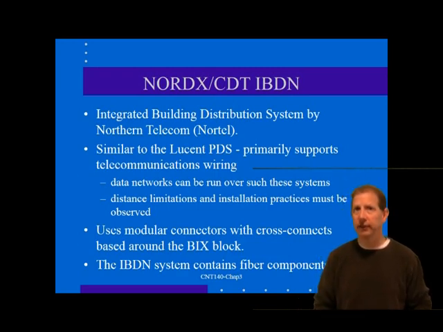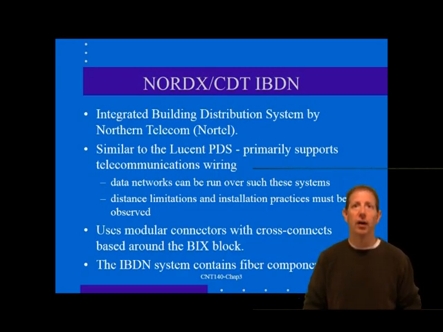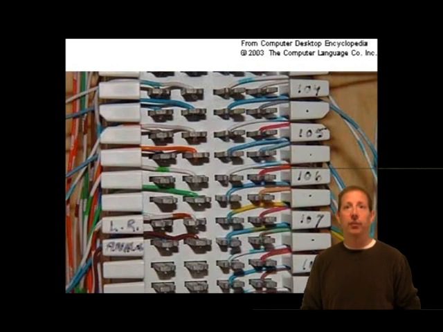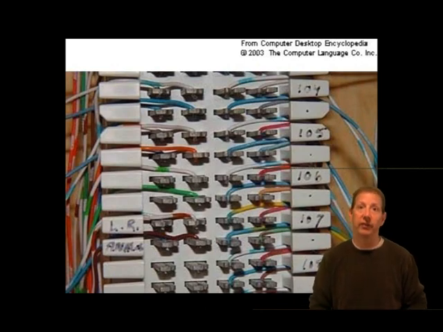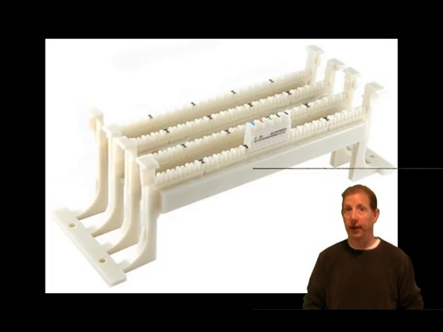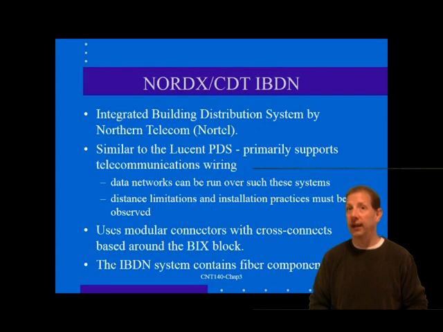All the modular connectors, jacks, cable, and color codes of AT&T PDS are common for IBDN. The interconnection component, of course, is the BIX block, rather than the 110 block. In general, the IBDN system is compatible with the 568 structured wiring, and its components may be substituted where they meet the standard performance specifications.